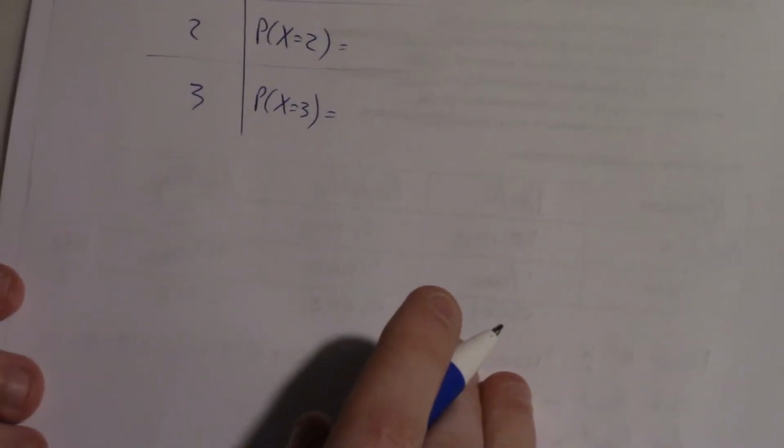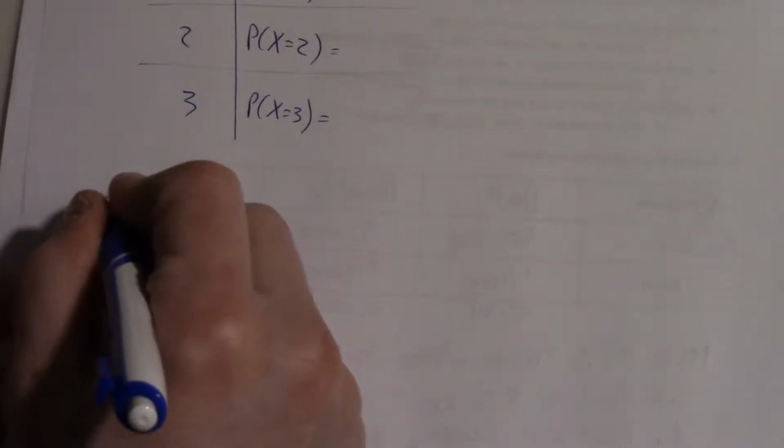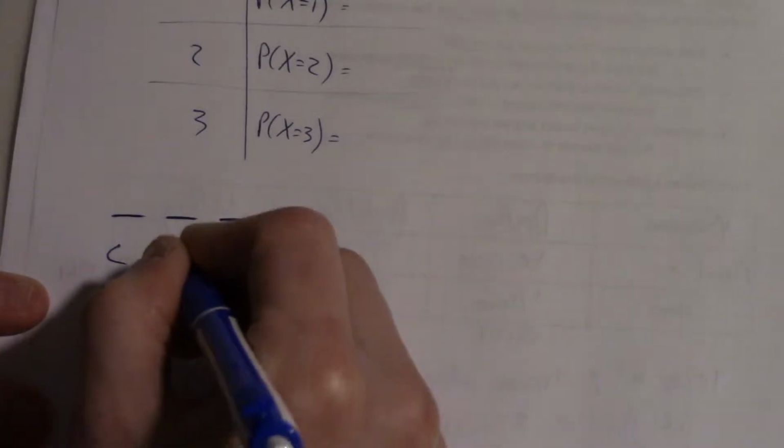So, as we think about this problem, it's sort of like the marbles in a jar problem. We have 3 slips of paper. And we have to think about what the possibilities are. So for each one, it could be a consonant, which we'll call C, or it could be a vowel.